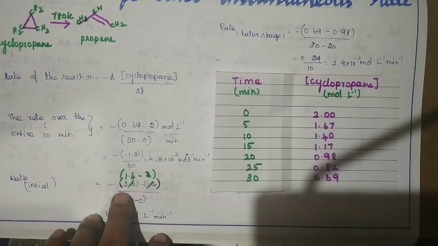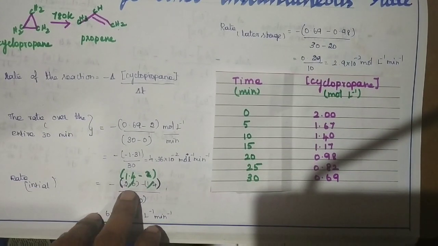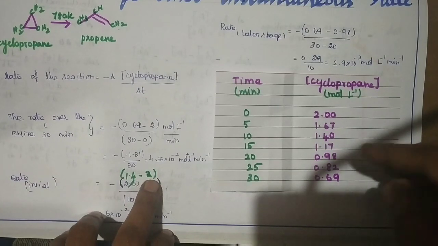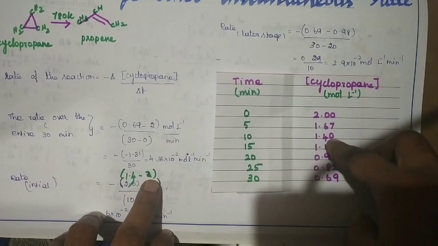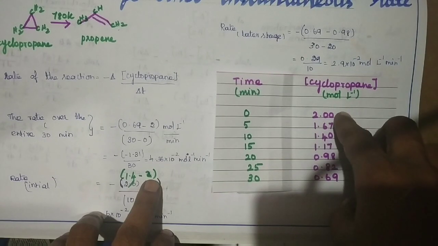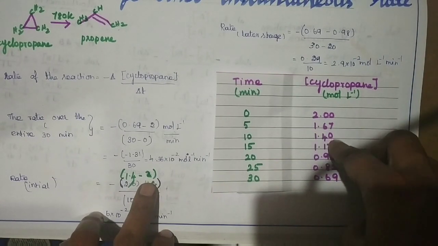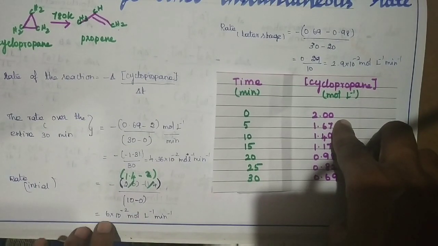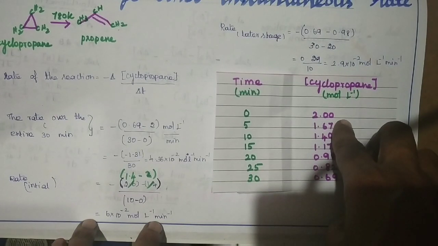Here one correction is there in your book. Minus 2.0 minus 1.4 is there; you can change it to 1.4 minus 2, because we have to take this to this one. Therefore, 1.40 minus 2.0. Therefore, we get 6 into 10 power minus 2 mole per liter per minute.